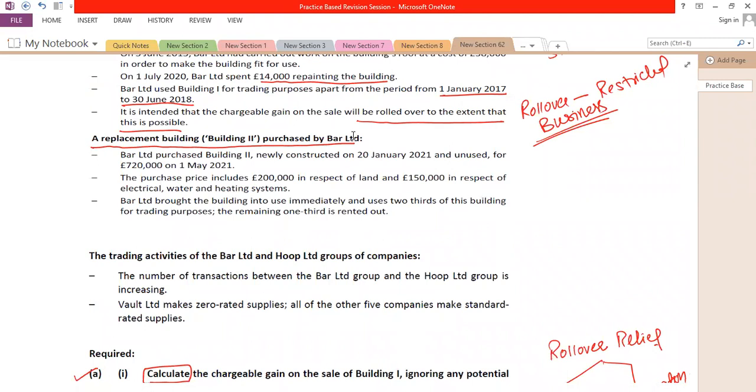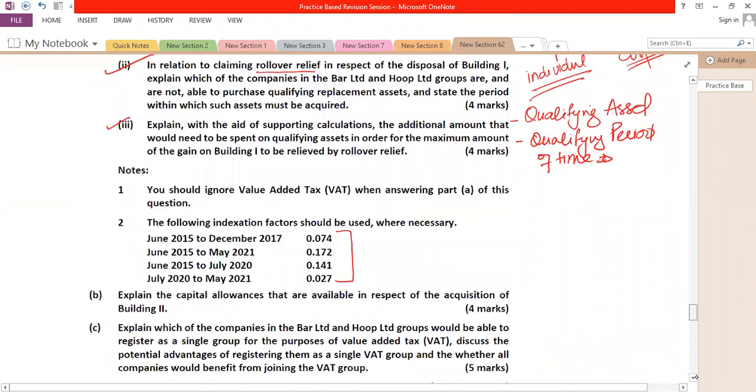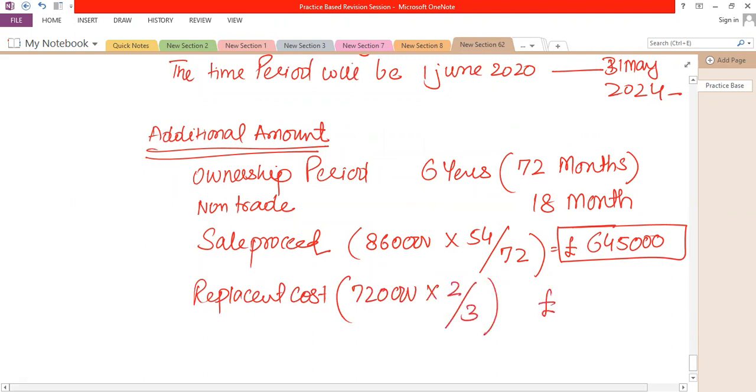Bar Limited brought the building into use immediately and used 2/3 of the building for trading purposes. So the replacement asset is also 2/3 used for trading purposes. So my replacement asset cost is 7,20,000, and 2/3 is the qualifying expenditure, that is 4,80,000.